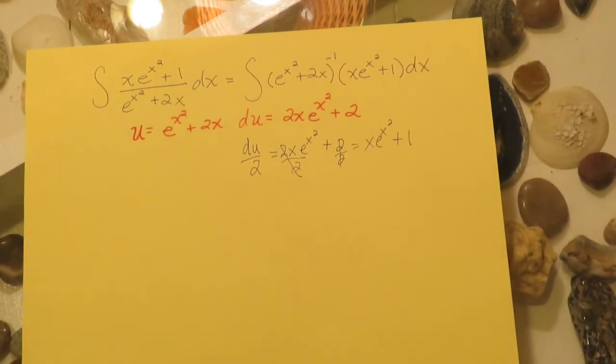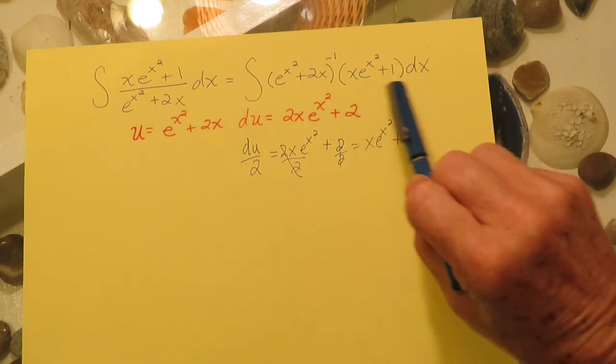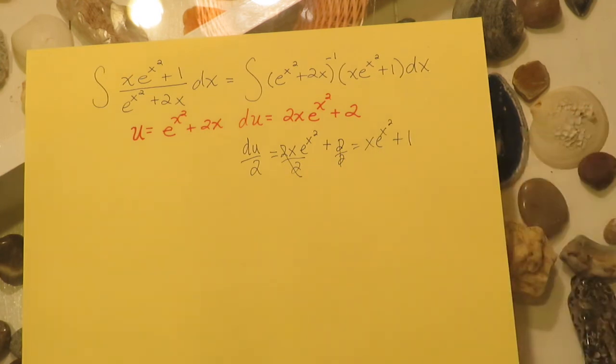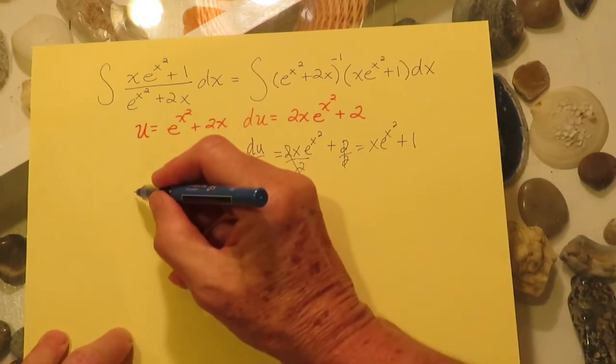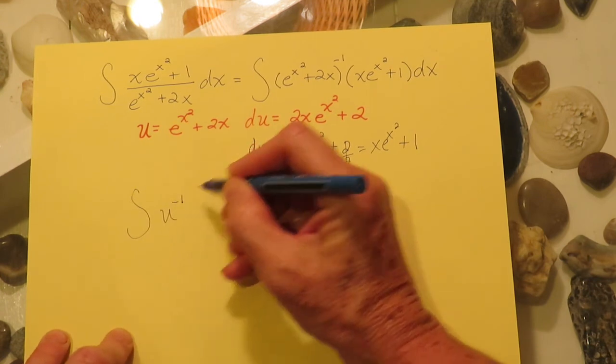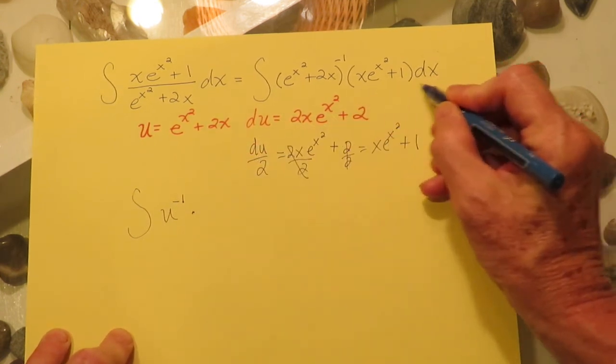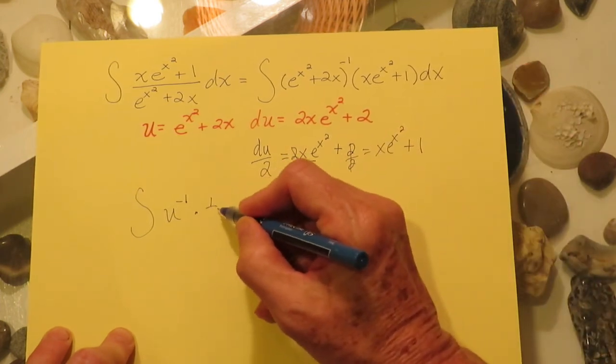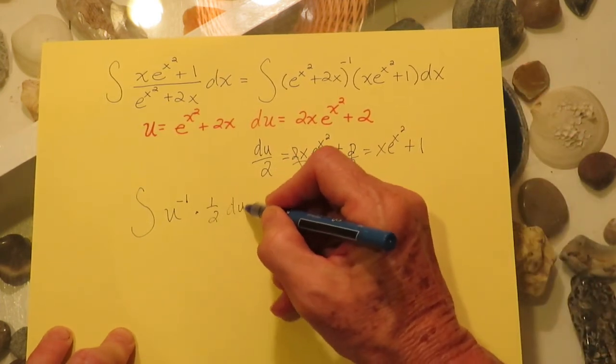So du over 2 is equal to x e to the x squared plus 1, and that is the rest of the expression. So doing my substitution, I will have u to the minus 1 power, and then the rest of the expression is 1/2 du.